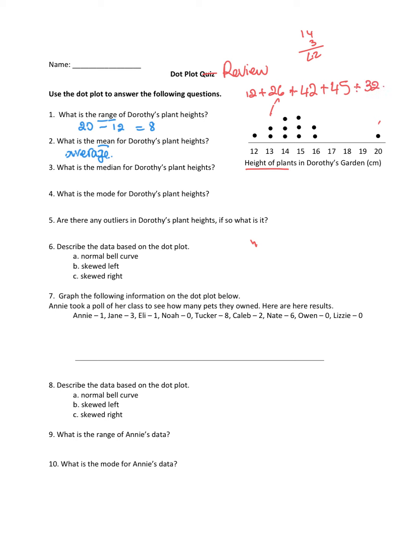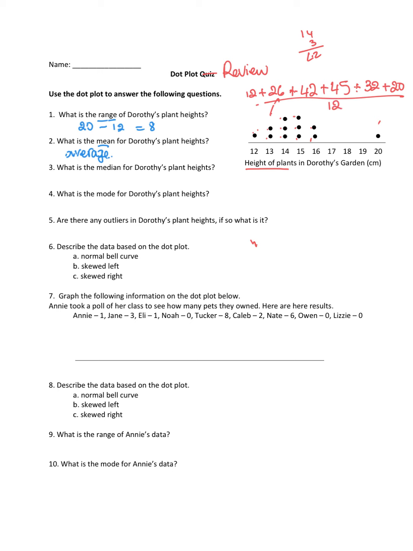And that 20. We're going to divide by how many there are. So we have 1, 2, 3, 4, 5, 6, 7, 8, 9, 10, 11, 12. So I will divide by 12. There are 12 plants in her garden.